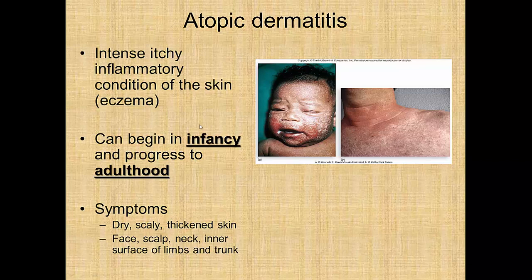So it's kind of like allergic rhinitis, the difference being that the symptoms occur in the skin as opposed to in the upper or lower respiratory tract. In this scenario, you end up with dry, scaly, thickened skin. It often occurs on the face, the scalp, the neck, or sometimes on the limbs and the trunk of the body. They say that this typically begins in infancy and progresses throughout adulthood.